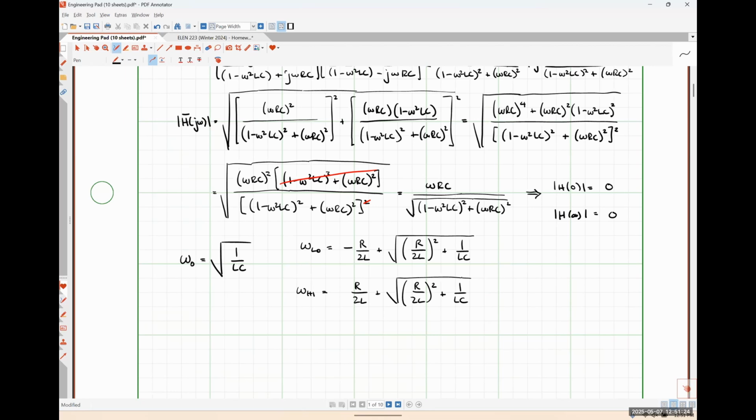Okay. So these are our 3 dB cutoff frequencies on both the low side of omega naught and the high side of omega naught. So we could say from this that our bandwidth, for whatever it's worth, is omega high minus omega low. So I want you guys to do the terrifying amount of math here and figure out what that's going to be.